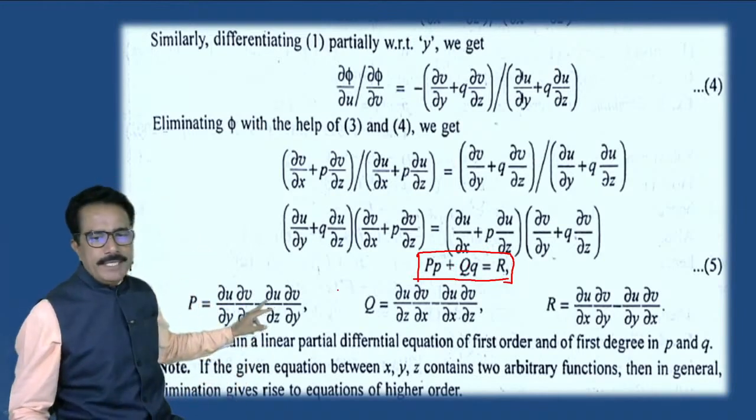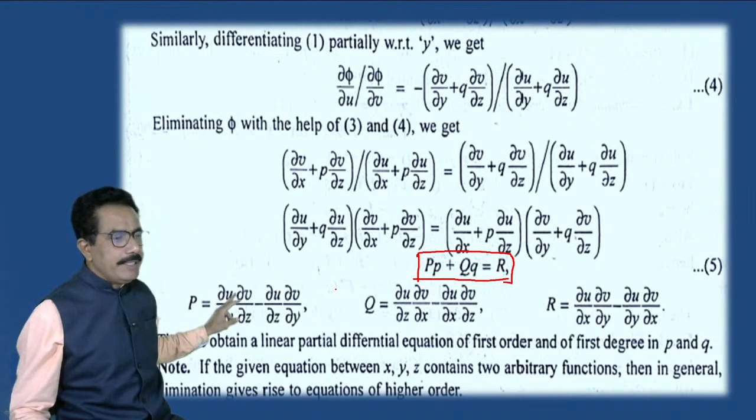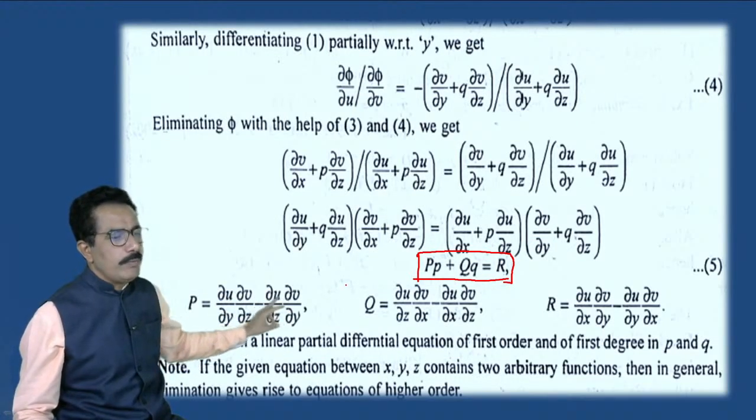So here capital P is ∂u/∂y into ∂v/∂z minus ∂u/∂z into ∂v/∂y.